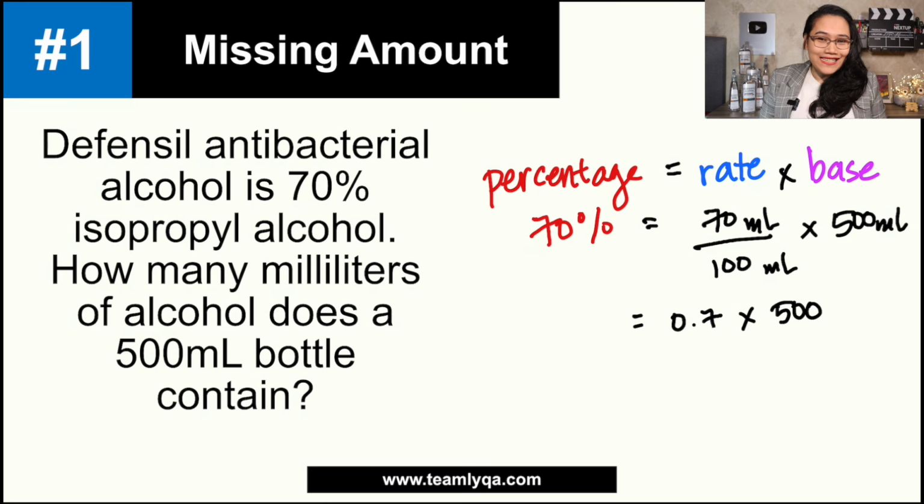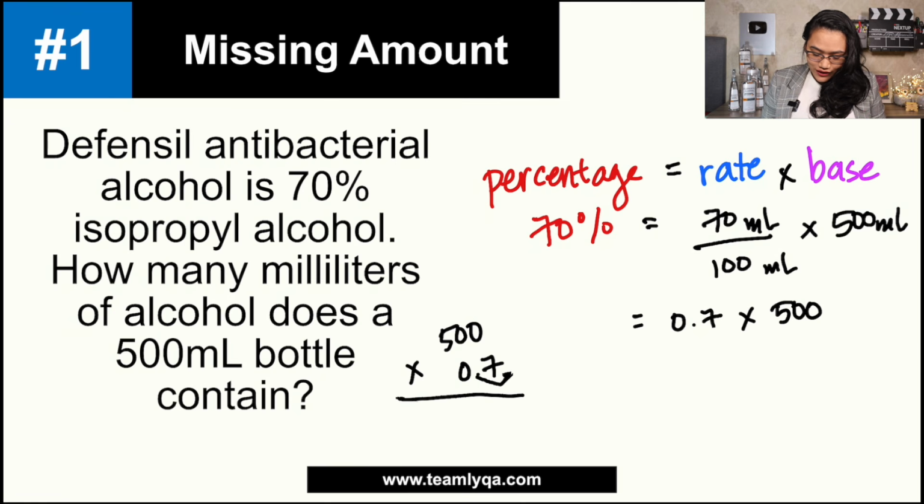Kung kayo ay nag-exam at hindi pwedeng gumamit ng calculator, there are multiple ways that you can solve this. Number one would be to multiply it directly. So, you have 500 times 0.7. Okay? Tapos pag nag-multiply tayo ng may decimal, ang gagawin lang natin is i-move natin yung decimal, pwede natin gawin yon para mas maliit yung numbers.